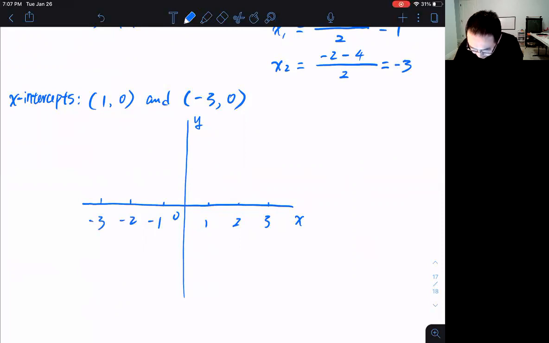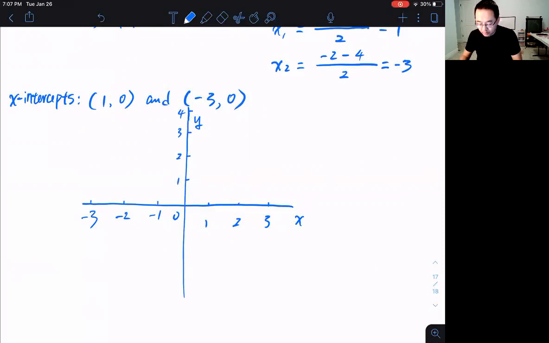And actually, that was not what I intended to do. Okay, so let's just fix this. I just wanted to make sure this point looks fairly even to the other side. There we go, negative 1, negative 2, negative 3. Then you have 1, 2, 3, and 4.